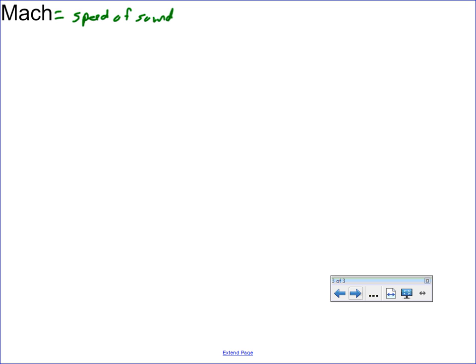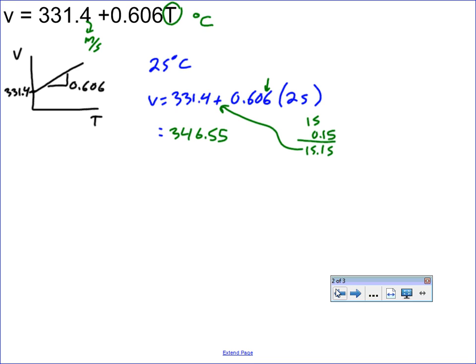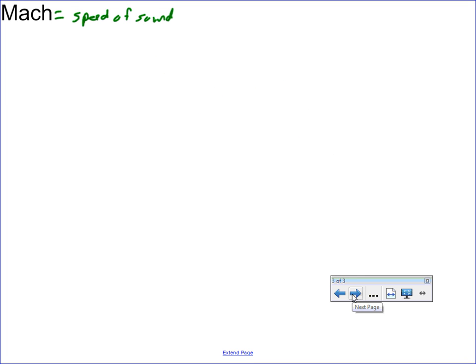So if we're talking about the speed of sound at 0 degrees Celsius, let's come back here, the speed of sound is 331.4 meters per second. That means at 0 degrees Celsius, Mach 1 is 331.4 meters per second in air.